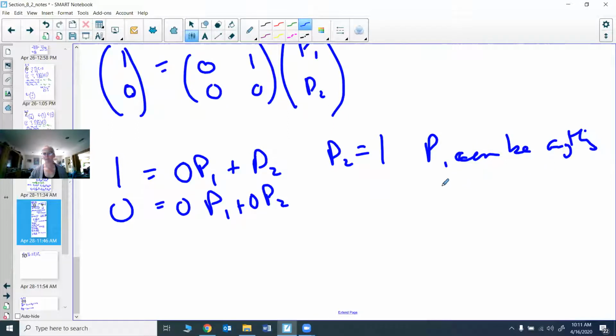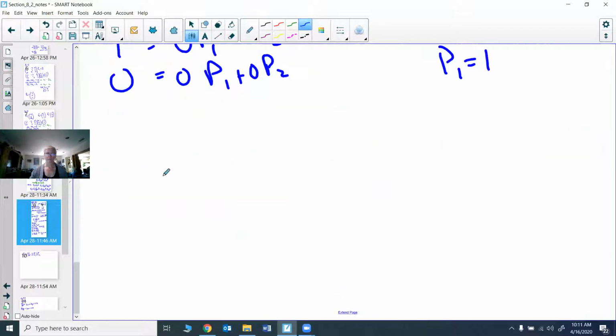So since it can be anything, let it be something nice. I wouldn't let it be 0 because things get kind of weird with 0, but we can make it be 1. So now we happen to have that K2 is 1, 1. So it's that column matrix.